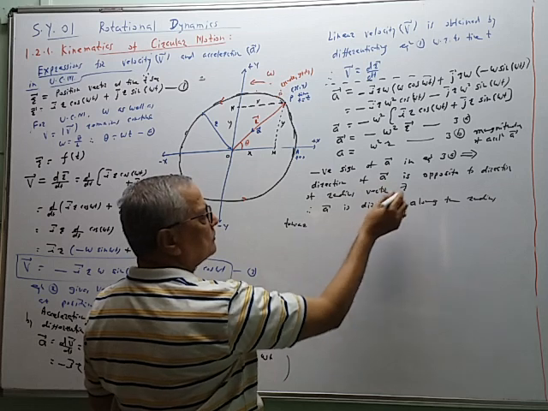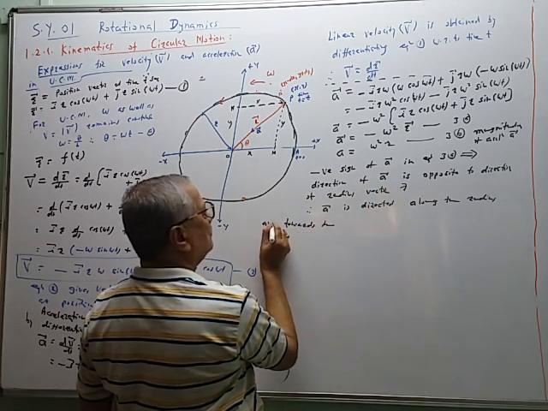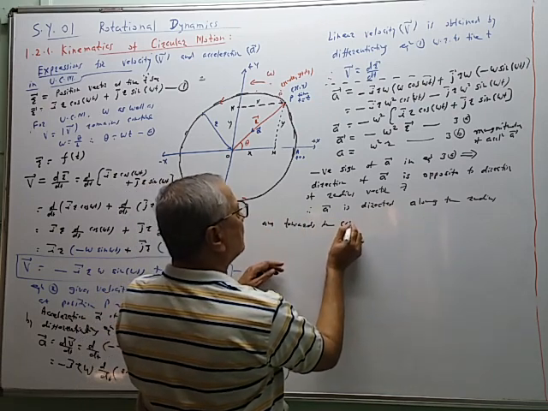The radius vector is away from the center, this is towards the center. Vector A is directed along the radius and towards the center of the circle.